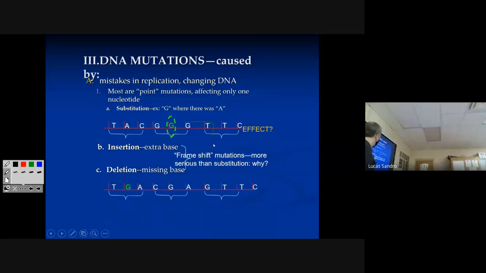So for example, same DNA, except now we've stuck a G in between that first T and A. Let's see what that does. Do the wheel thing. What 3 amino acids are we looking at now?